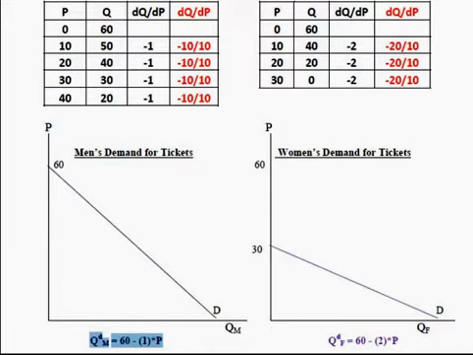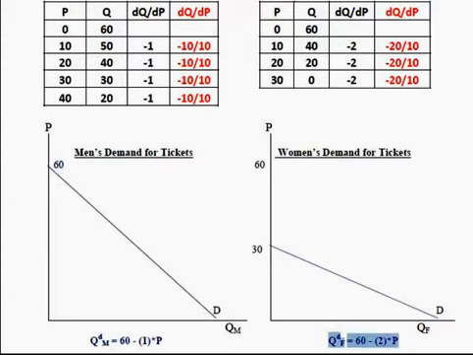So if you wanted a strict comparison between the equation, Q equals 60 minus P, and the graph we're drawing, with P on the vertical axis, given the convention that in your math class you would have said y equals mx plus b, and y would have been on the vertical axis and x on the horizontal axis, then you need to flip the equation around to be P equals 60 minus Q. 60 would be your vertical intercept, P equals 60 minus 1Q. So your slope would have been a rise of 60 against a run of 60. 60 divided by 60, notice the slope is negative, so we have -1 as a slope.